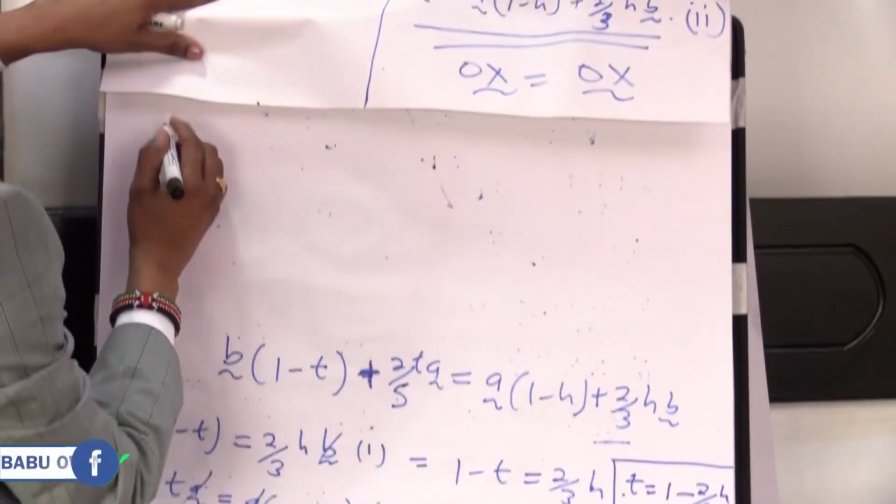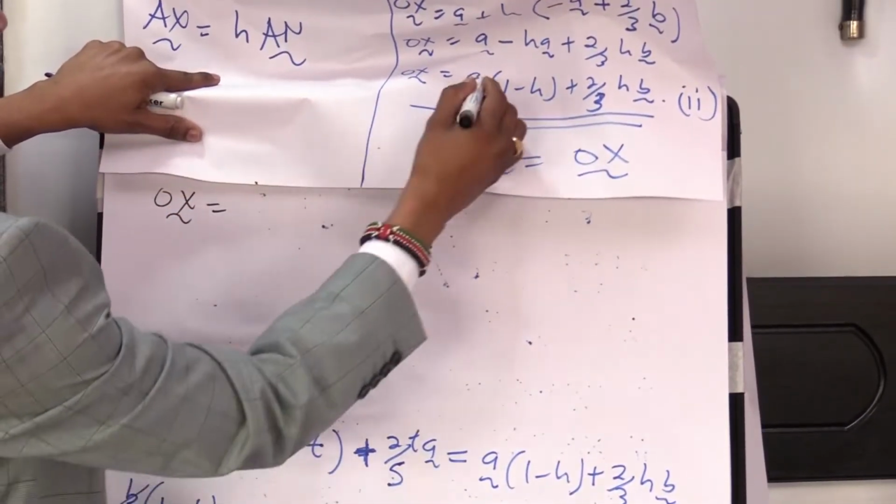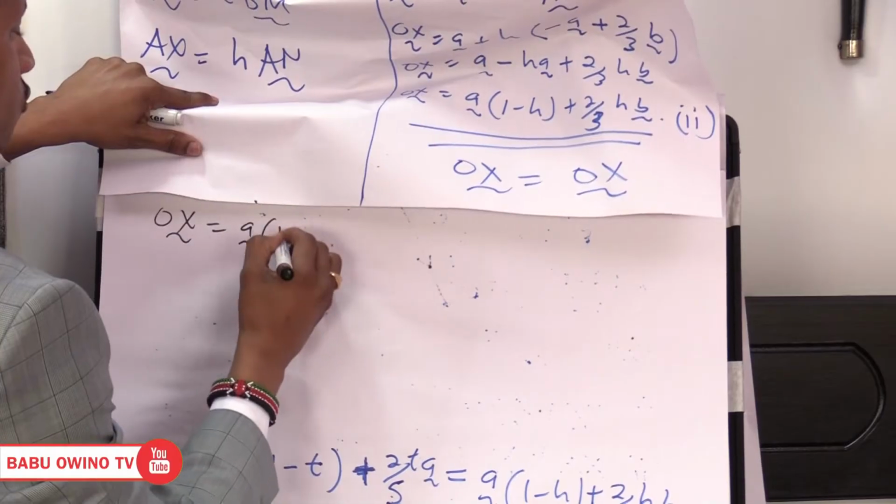So our first value of OX equals to A into 1 minus h.